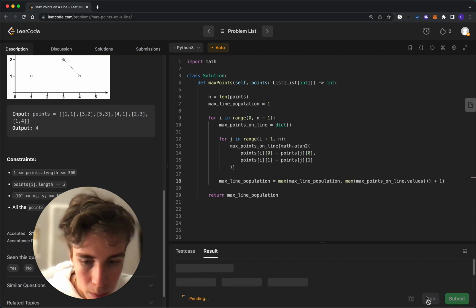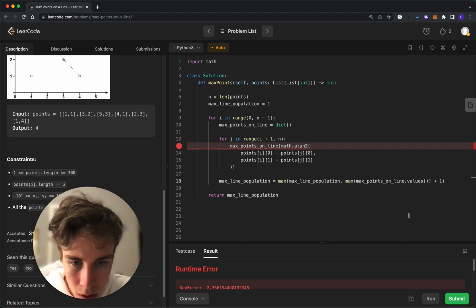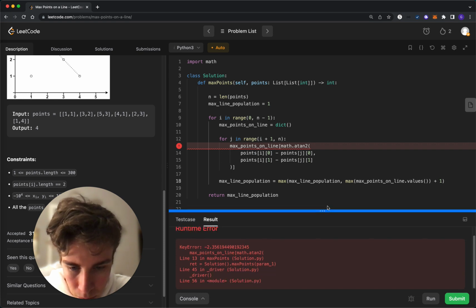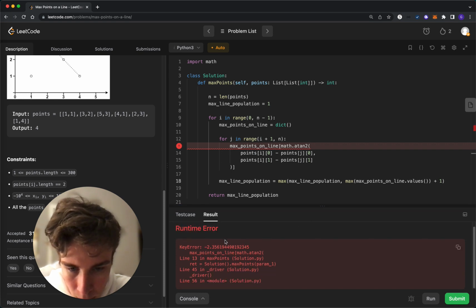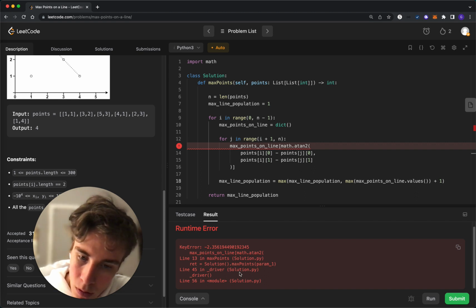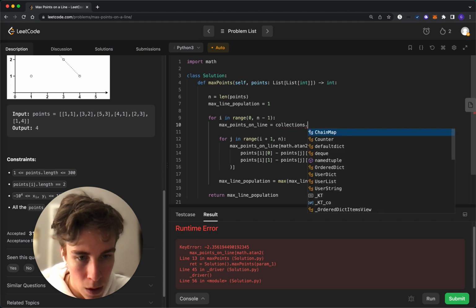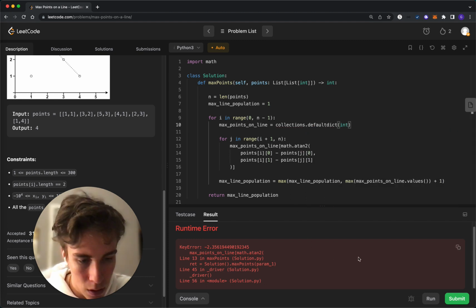Yeah, I'm pretty sure this should work. Key error. Max points. Default dict int.